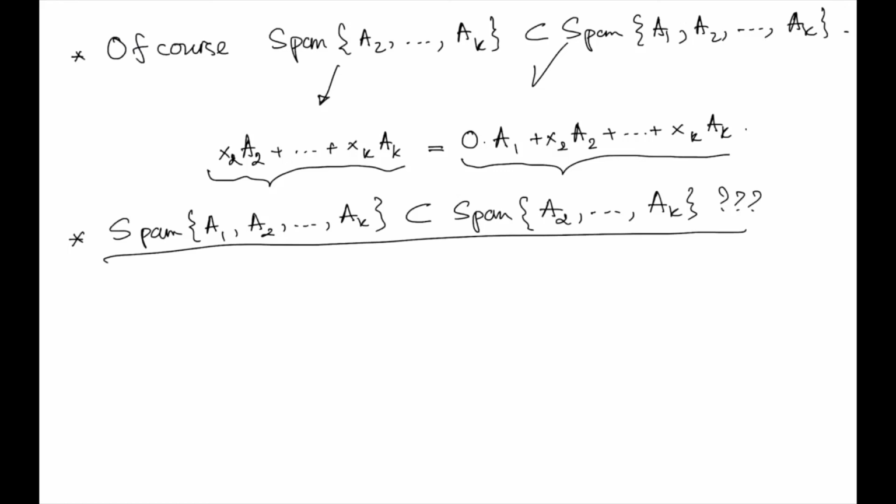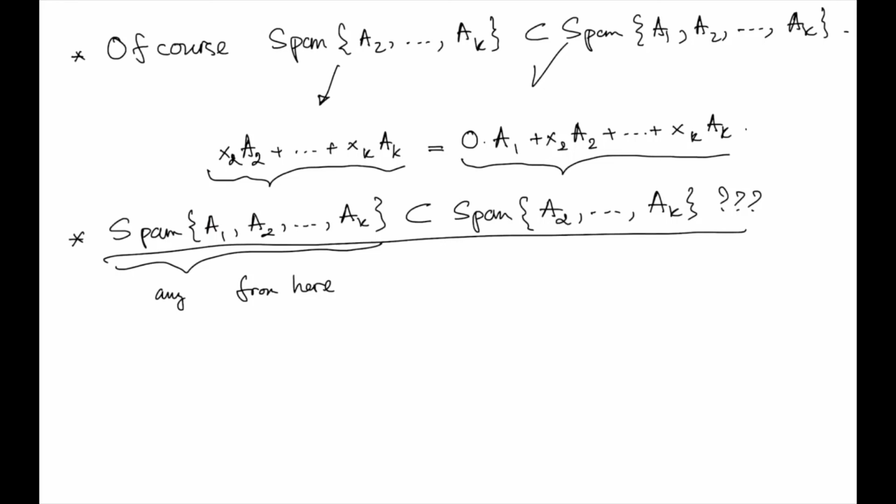Now, luckily, we can do that because A1 is a linear combination of the others. We start with anything from here. We will prove that this anything will end up being in this one, or in other words, any combination of A1 up to AK will turn out to be a combination of just A2 up to AK.